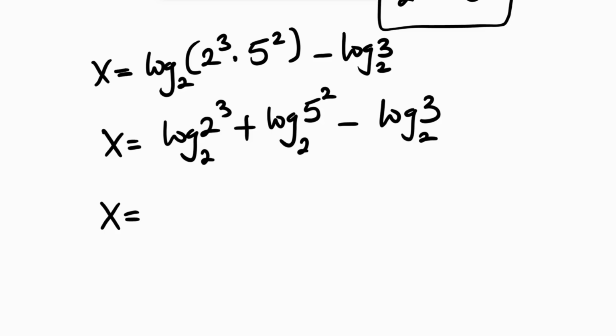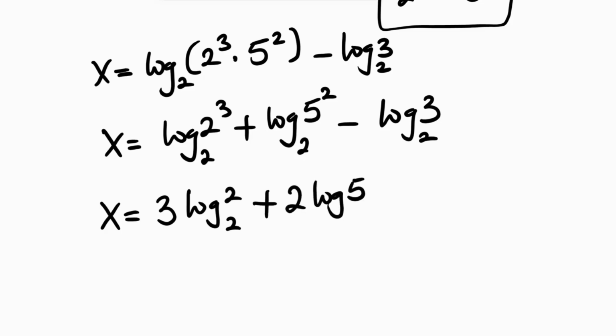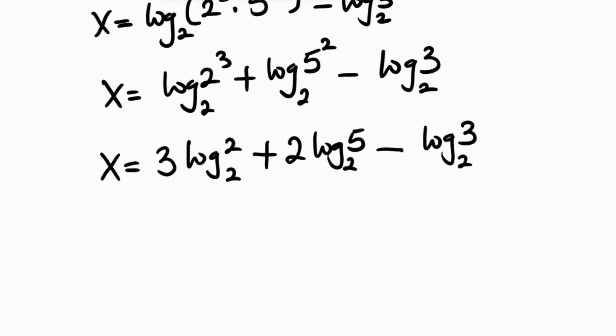This automatically becomes 3 log 2 base 2 plus 2 log 5 base 2 minus log 3 base 2. From the rule of log, we know that log of a base a is 1.